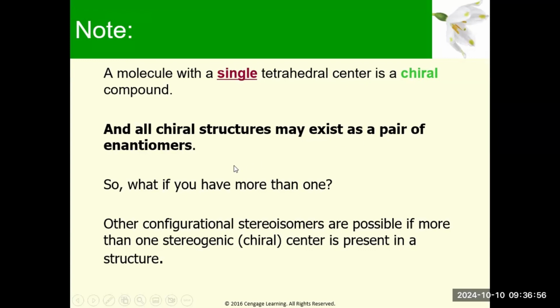So when you have a chiral compound with a single tetrahedral center, it's going to exist as a pair of enantiomers. So you'll have one that's an R and the other will be an S. So what if you have more than one chiral center? Well, other configurational stereoisomers are possible if more than one stereogenic chiral center is present in a structure.